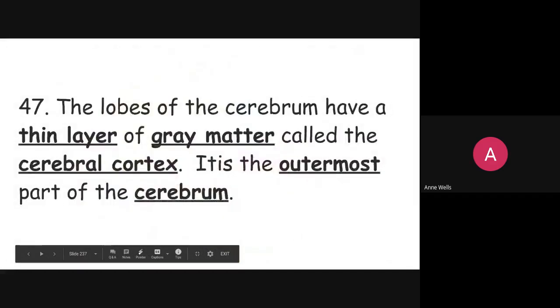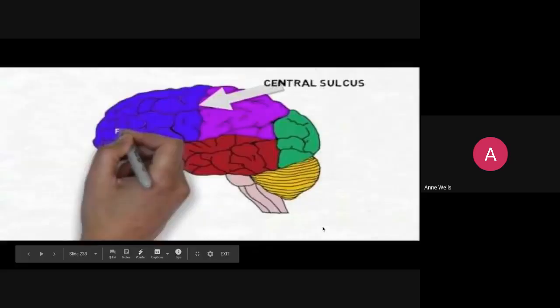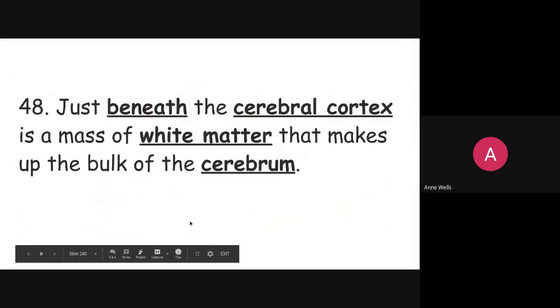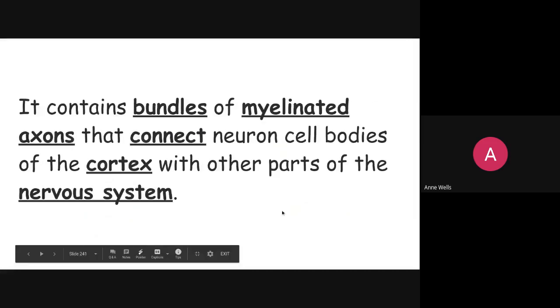Number 47, the lobes of the cerebrum have a thin layer of gray matter called the cerebral cortex. It is the outermost part of the cerebrum. It contains nearly 75% of all of the neuron cell bodies in the nervous system. Just beneath the cerebral cortex is a mass of white matter that makes up the bulk of the cerebrum.